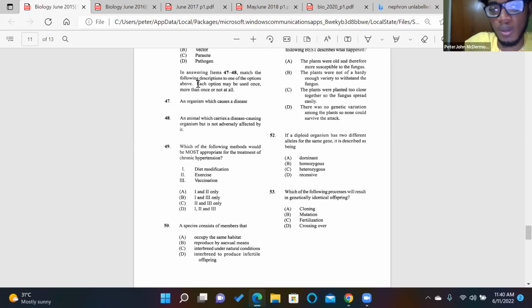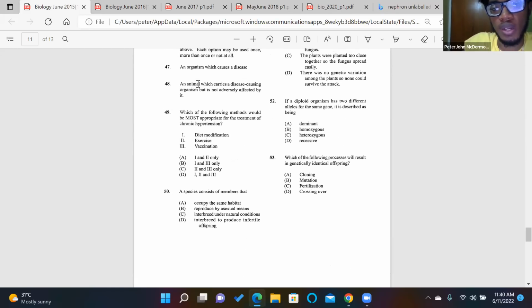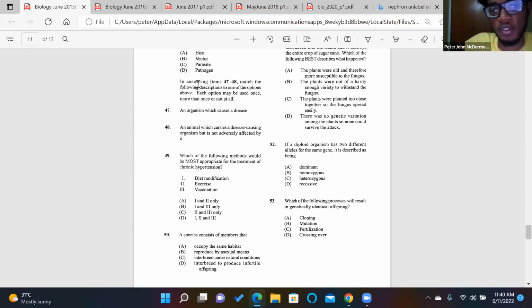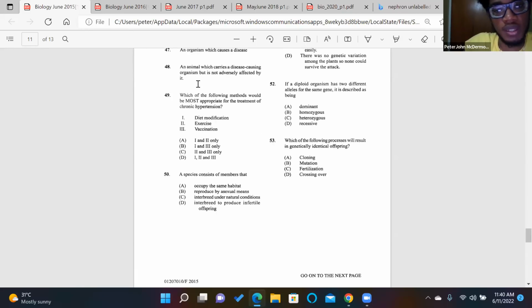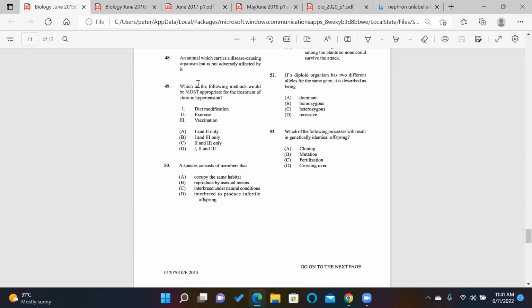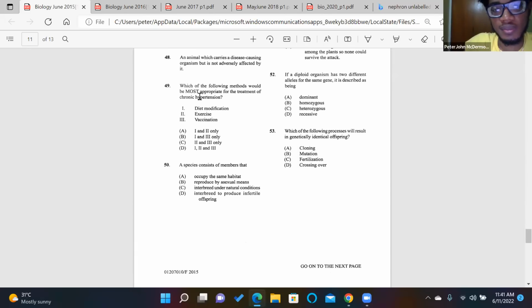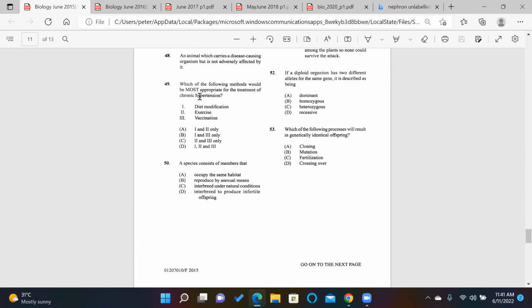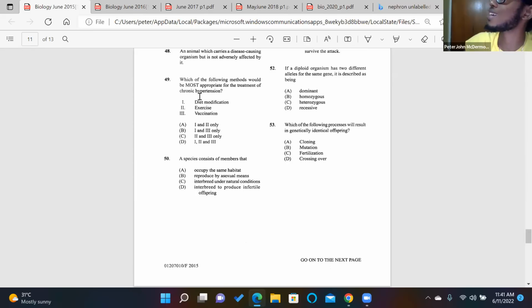Mosquito. What disease is the mosquito a vector for? There's many. Just list off. Dengue. Malaria. Yellow fever. Yes, I think, yeah.